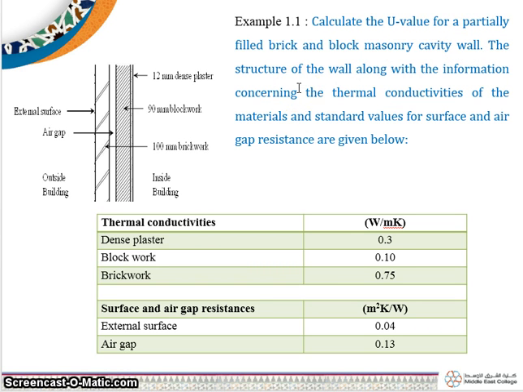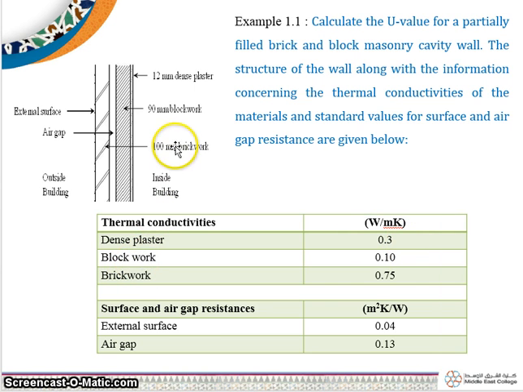The structure of the wall along with the information and the thermal conductivities of the material and standard values for surface and air gap resistance are given below. As we have discussed, the surface and air gap resistances are standard values. From the problem they have given the thermal conductivities of these materials. Dense plaster has 0.3 thermal conductivity.